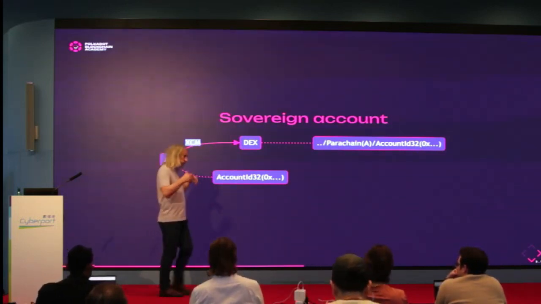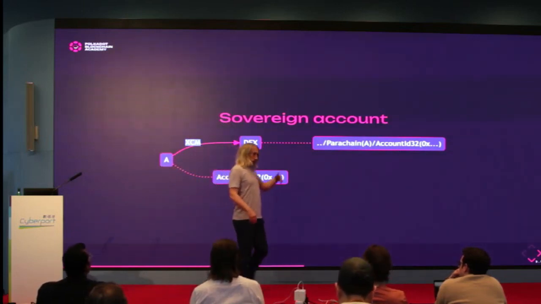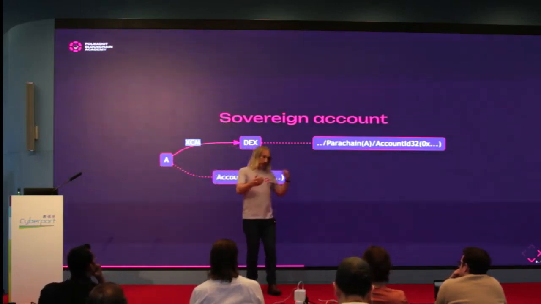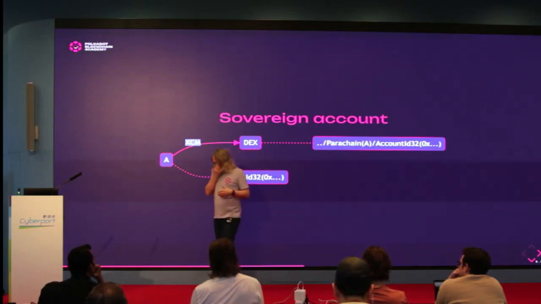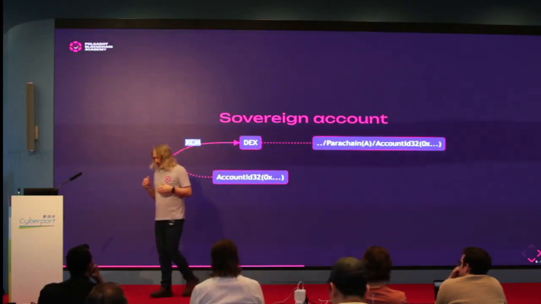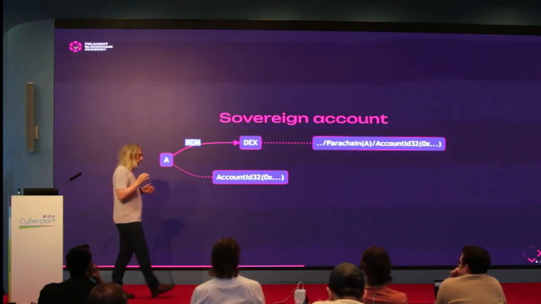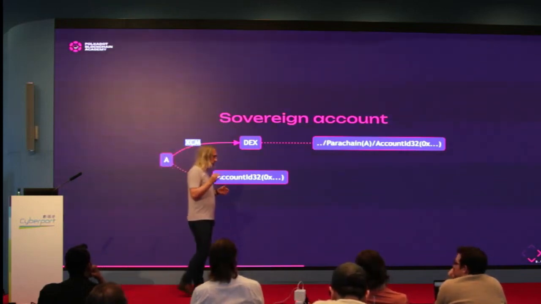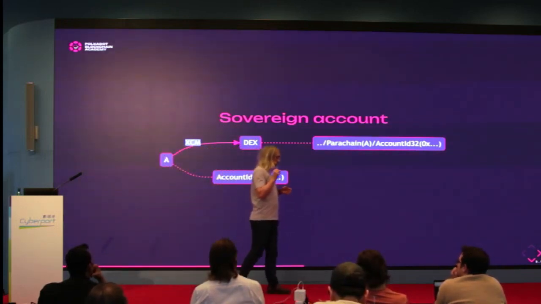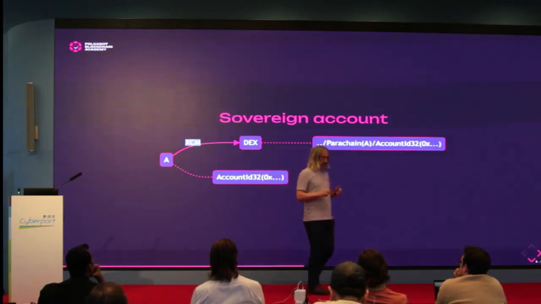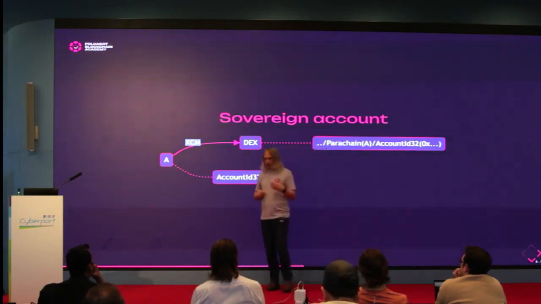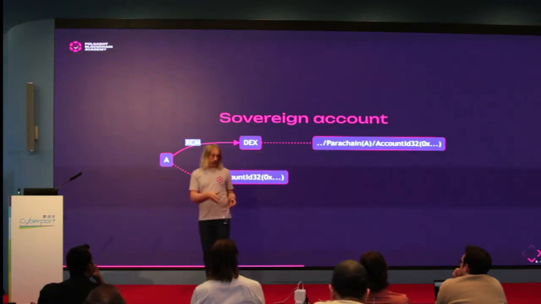Some of them just do stuff with the other registers, like the holding register. They manipulate assets or whatever. But many of them base their actions upon where the instruction is coming from. And we call where the instruction is coming from the origin.